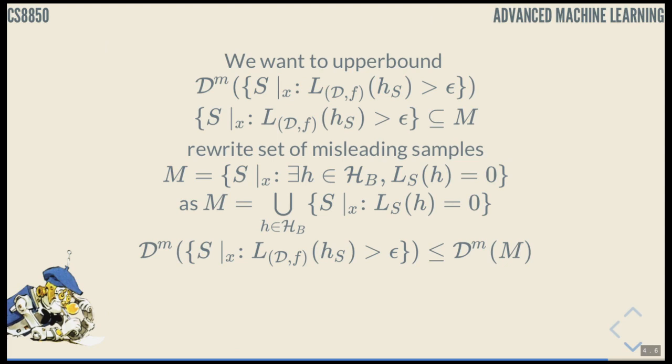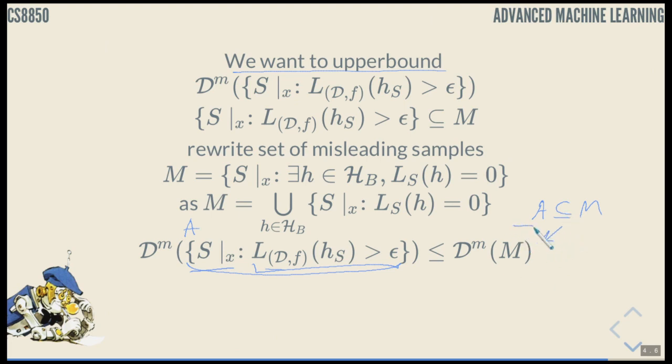But then the probability that we want to upper bound, the probability of getting a training set for which the loss is greater than epsilon, since this set is a subset of M, let's denote it just for now with the letter A. So A is a subset of M, possibly a proper subset, but we don't know.